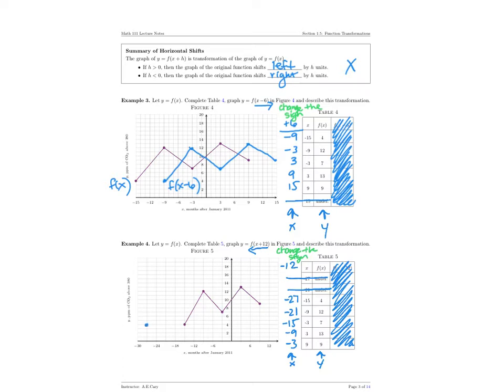So let's see, there'll be a point here. There'll be a point here. Thank you for your patience. I'm still human, and therefore I have to figure out how to graph things in real time. And here, okay.